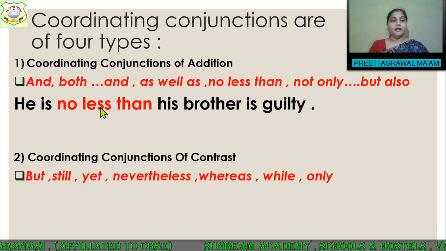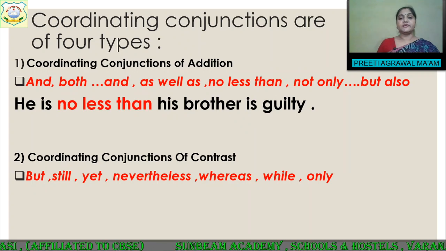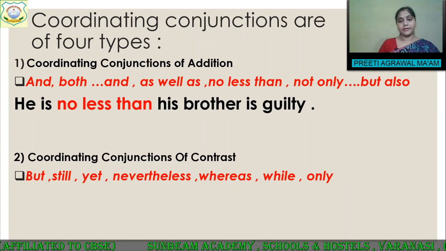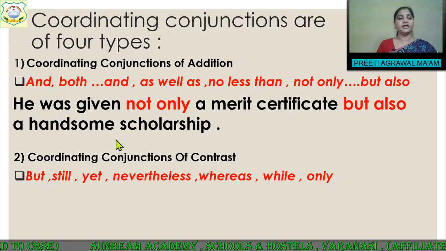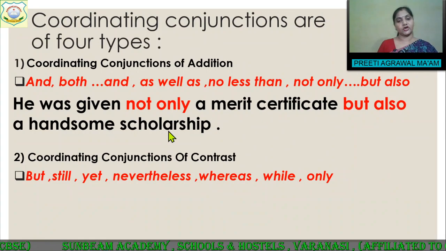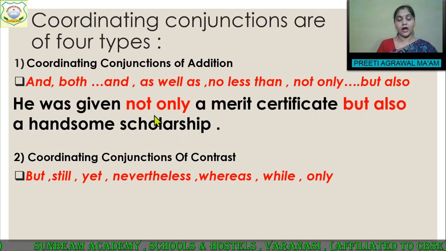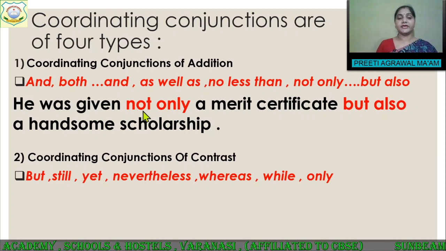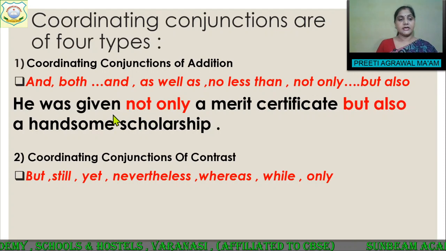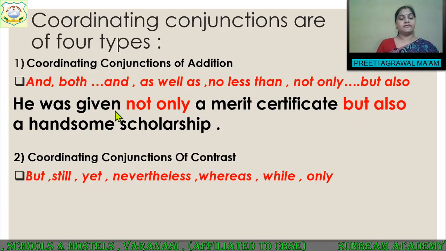Next one. He is no less than his brother is guilty. Next one is, he was given not only a merit certificate but also a handsome scholarship. This is also an example of correlative conjunction. So here you have to be careful again while using this. He was given.